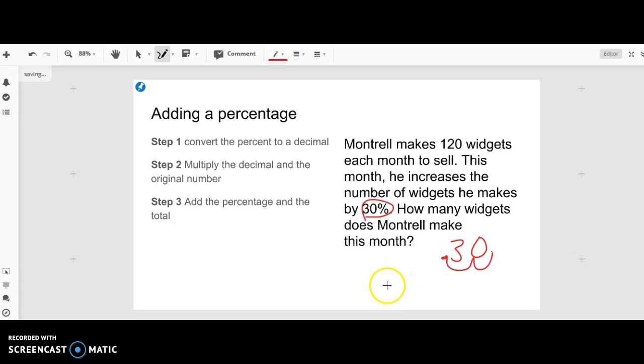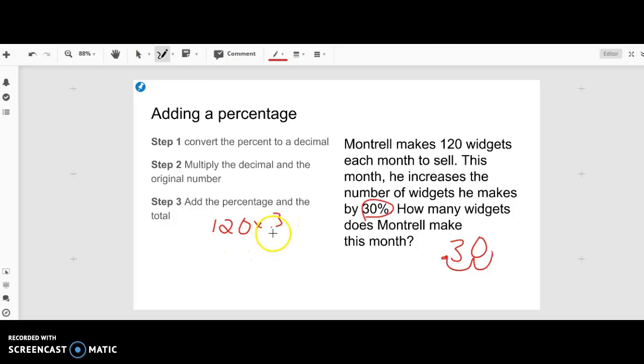So 30% becomes 0.3. And what is 30% of 120? So I'm going to take 120 and multiply by 0.3.